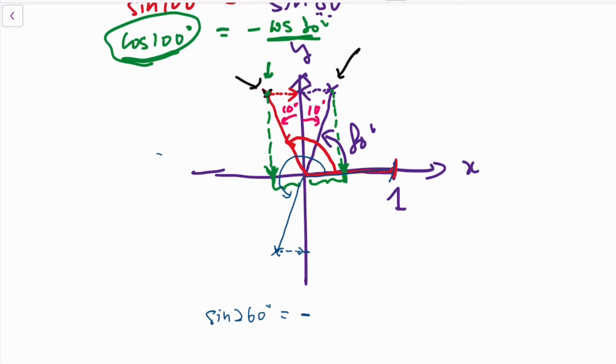The second thing is the value of this y coordinate must be the same as the value of the y coordinate of 80 degrees, because it is simply a reflection. This is like a reflection in both the y-axis and x-axis, so you flip twice. So they must be the same. The conclusion is sine 260 must be the same as negative sine 80.